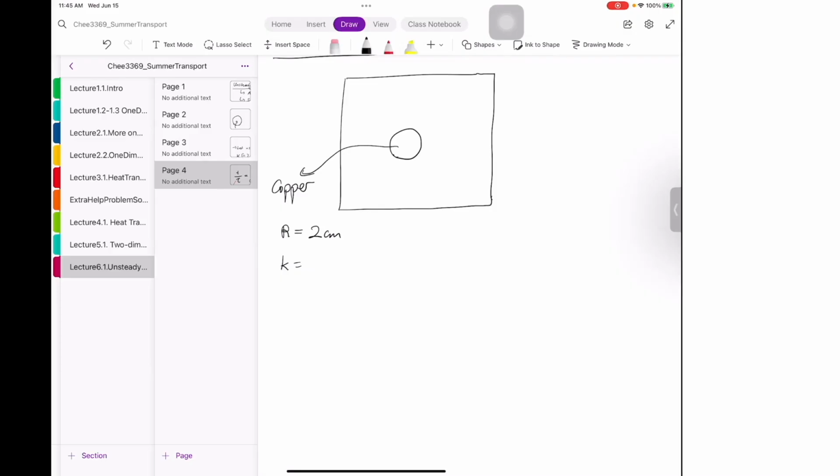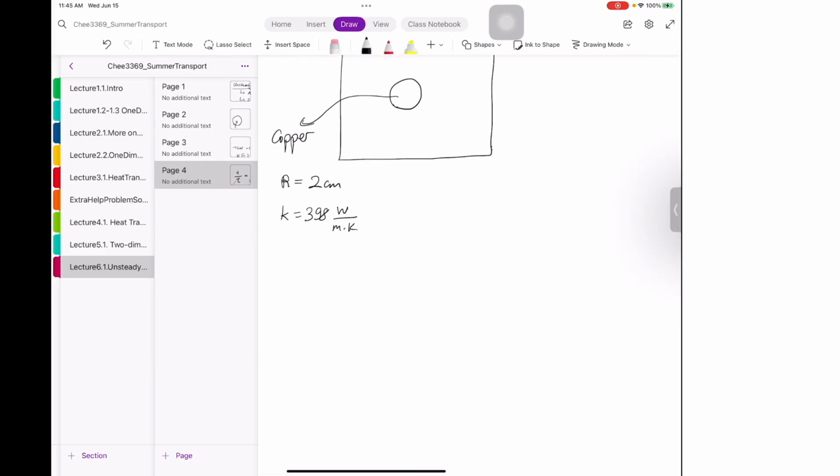At 20 degrees centigrade, for example. But we need to look for thermal conductivity. So let's take the K as 398 watts per meter Kelvin.